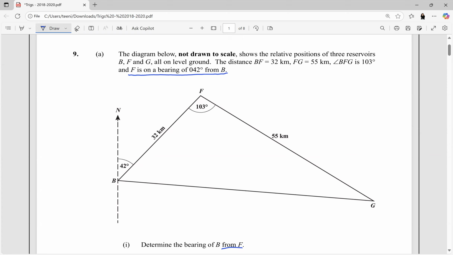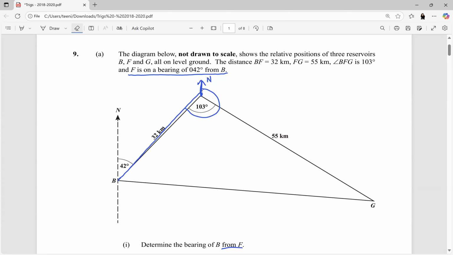So now we need to put a north line at F because that's our new starting point. And the clockwise angle between that north line at F and the line connecting B to F is your bearing, because the bearing is always the clockwise angle.